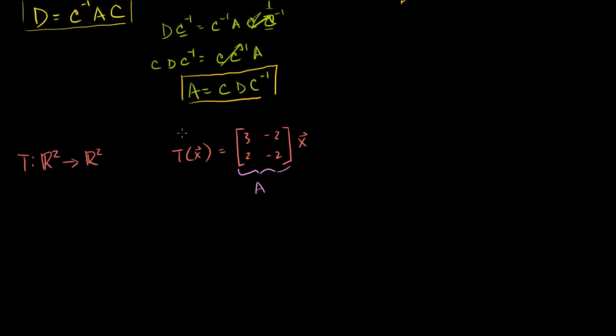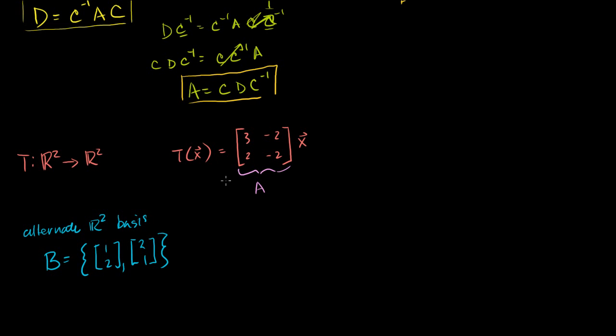Now let's say we have some alternate basis. Let's say we have some alternate R2 basis. Let's call that B because we've been calling it B so far. And let's say this alternate R2 basis is the vectors 1, 2, and 2, 1. So let's see, given this alternate basis, whether we can come up with a transformation matrix in that coordinate world.